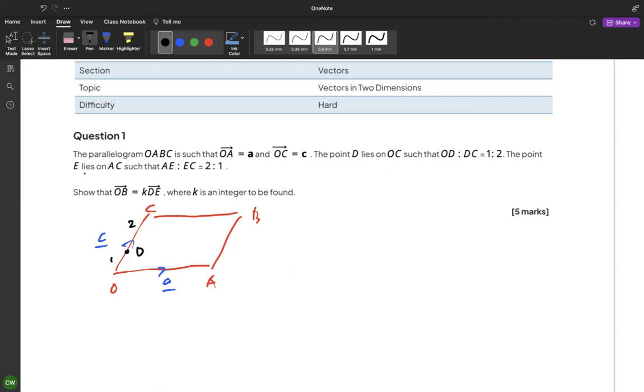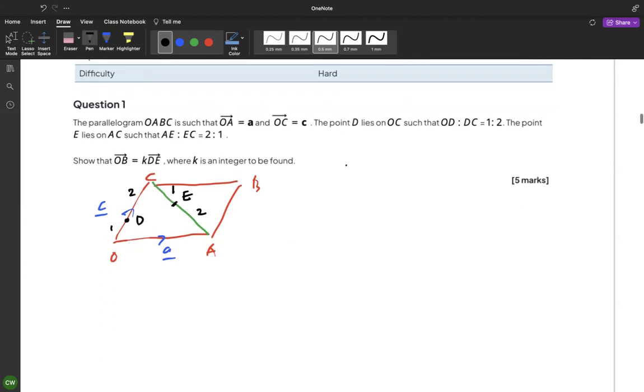And then E on AC. So draw a line joining E to AC. The ratio of E is longer, so it will be further away from A, nearer to the C. So the ratio is 2 to 1.